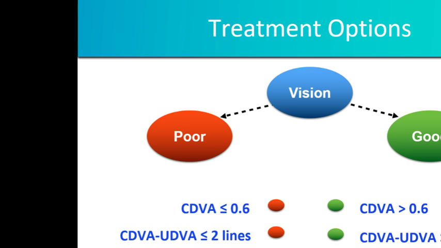Good when the corrected visual acuity is more than 0.6, when the difference between corrected and uncorrected visual acuity is more than 2 lines, and when there are insignificant high-order aberrations. This is a good vision. Otherwise, it is a poor vision. Okay?